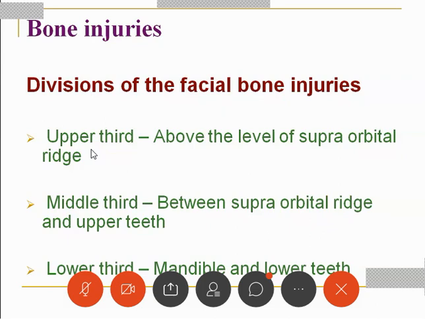It was divided this way for better involvement of individual specialists. But whatever it is, when you have one kind of injury, you might have other associated injuries, and you might have to deal with multiple specialties.